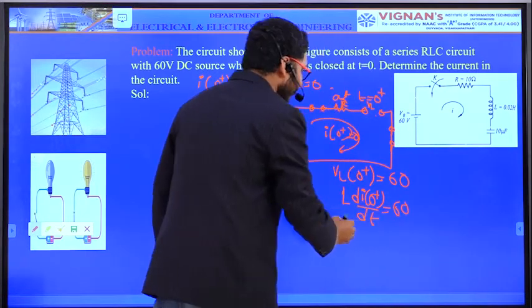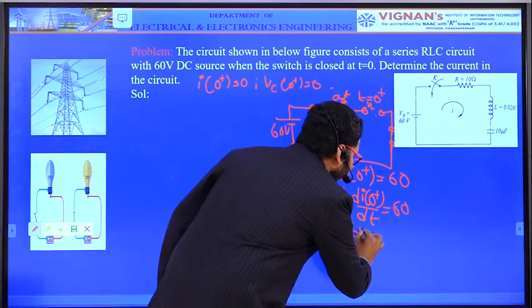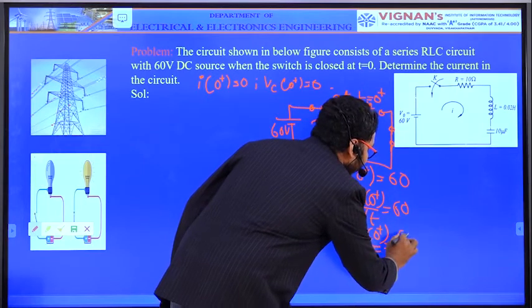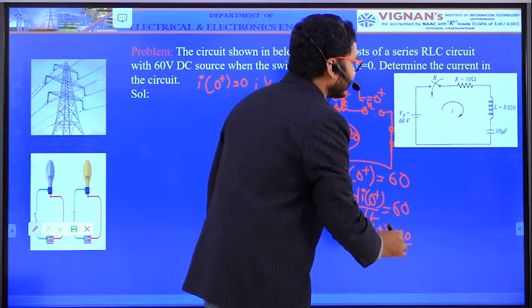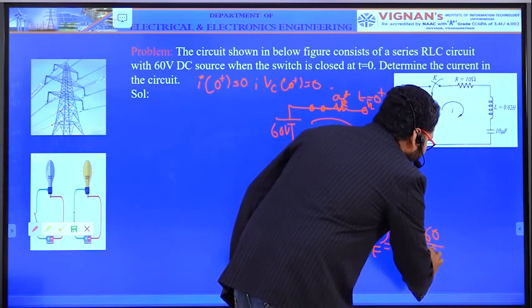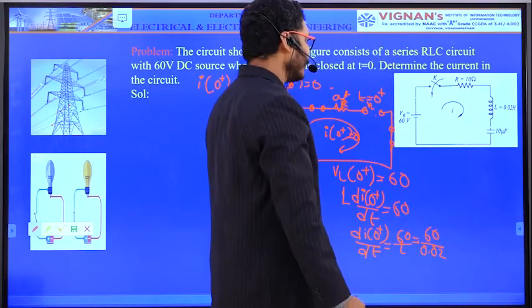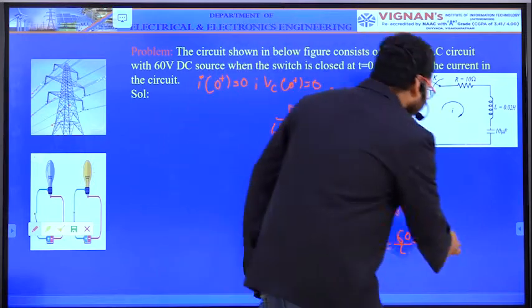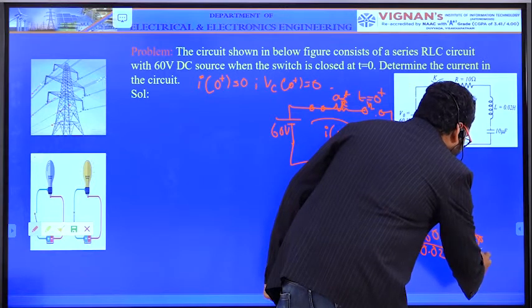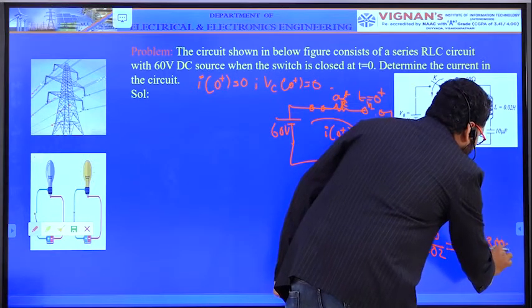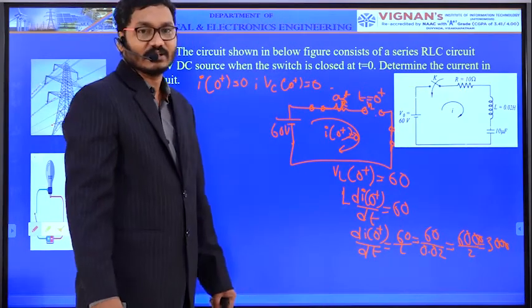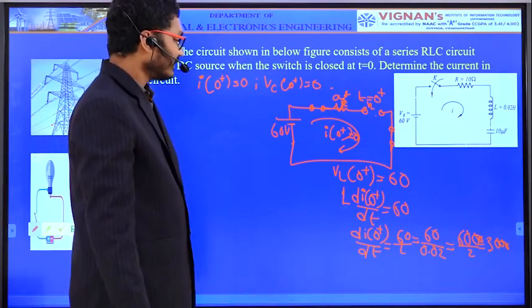So di(0+)/dt equals 60 by L, that is 60 by 0.02. Finally you will get 6000 by 2, which is 3000.